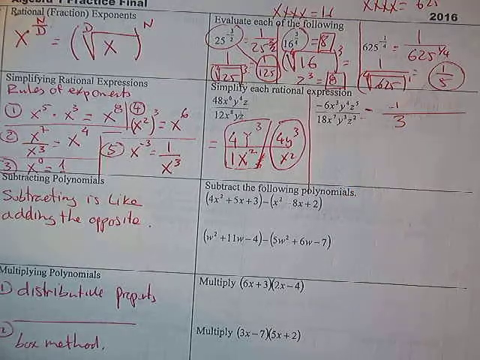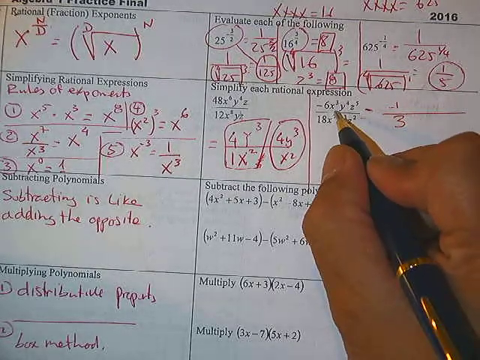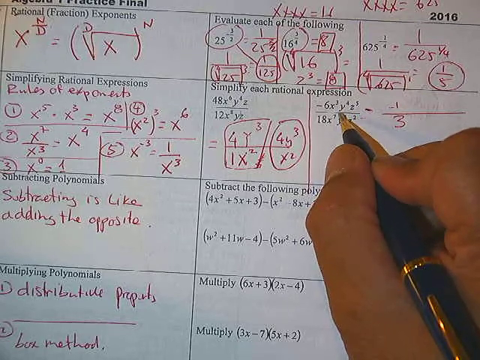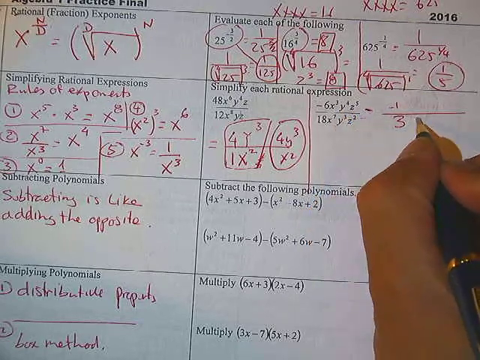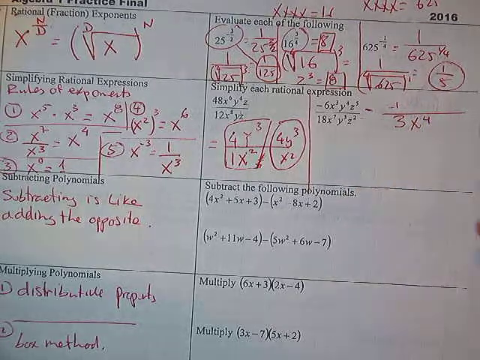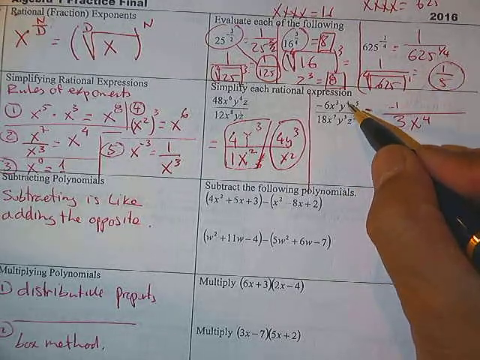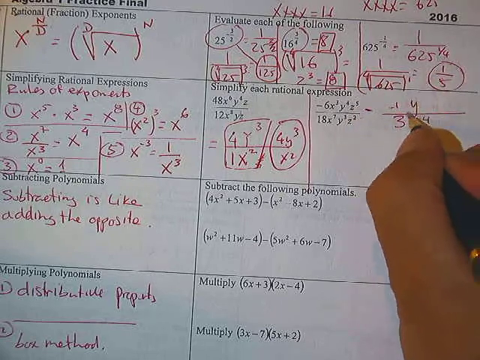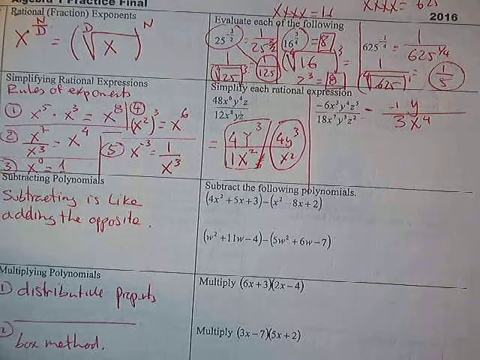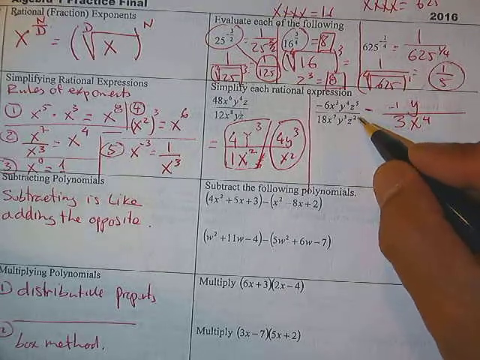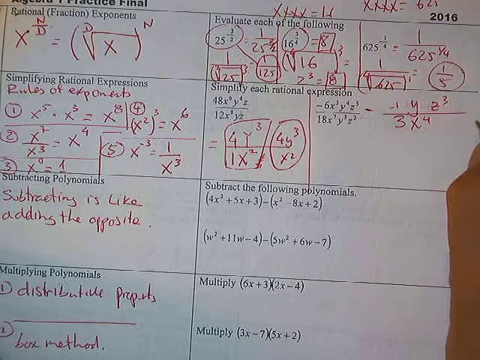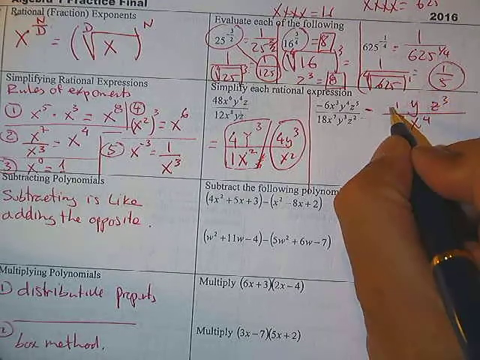And for this side, you can see that 6 over 18 divided top and bottom by 6, you get, what is that, negative 1 over 3. And then x to the 3rd, x to the 7th, the difference between the two is 4, and that's going to be at the bottom. And then y to the 4th over y to the 3rd, we subtract, which is y to the 1st.